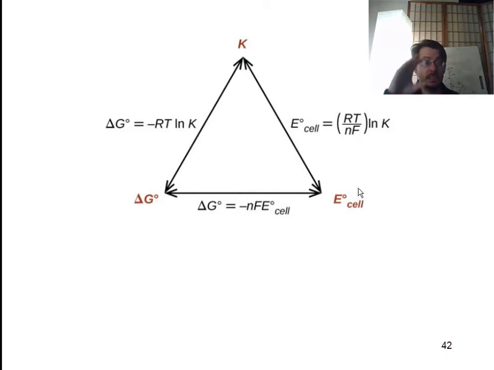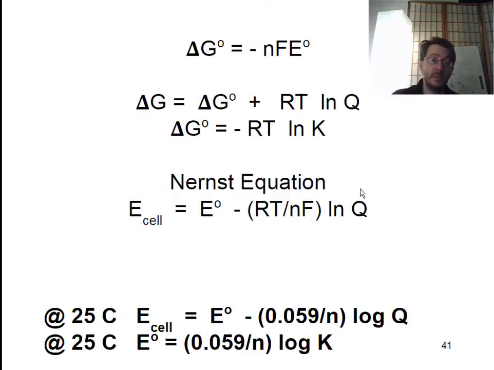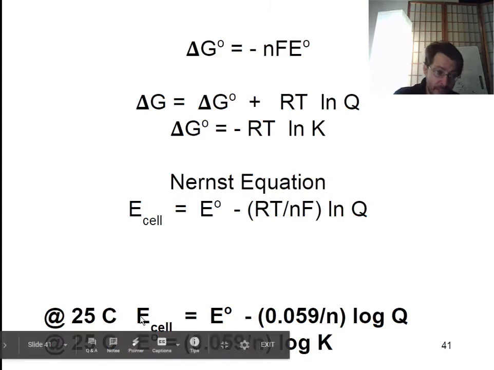Under equilibrium conditions, the cell potential, not the standard cell potential, but the cell potential, drops to 0. It's like under equilibrium conditions, the delta G drops to 0.